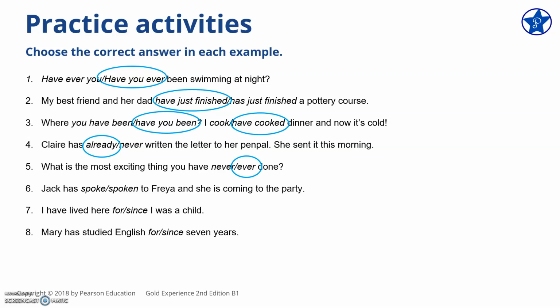Number 6, Jack has spoken to Freya. Speak, spoke, spoken. Number 7, I have lived here since I was a child, because we use since with a specific moment in the past. And Mary has studied English for 7 years, because we use for to highlight the duration of an action.